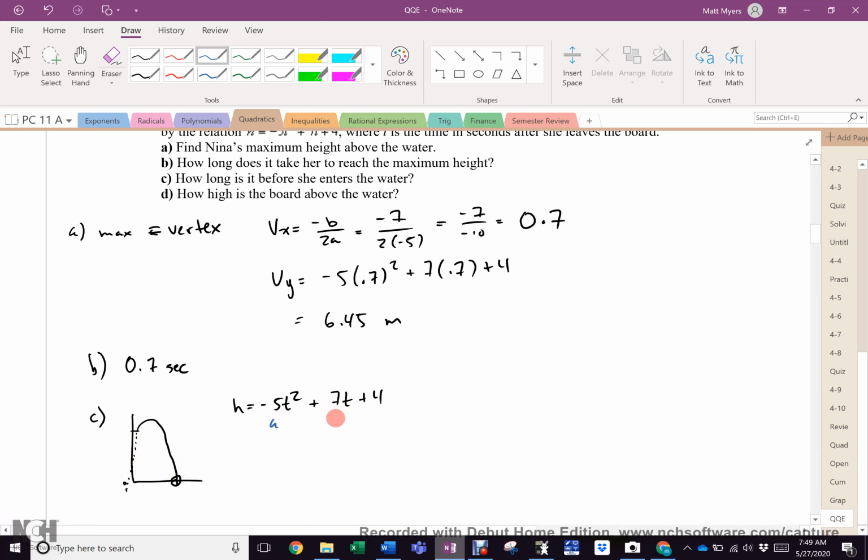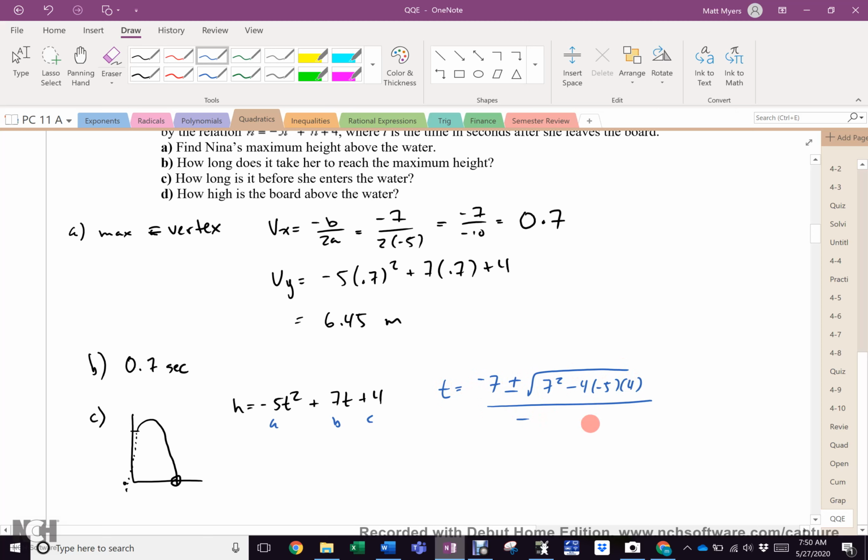There is our A, B, C. So all I've got to do is run it through the quadratic formula. t equals negative 7 plus or minus the root of 7 squared minus 4 times negative 5 times 4, over negative 10.